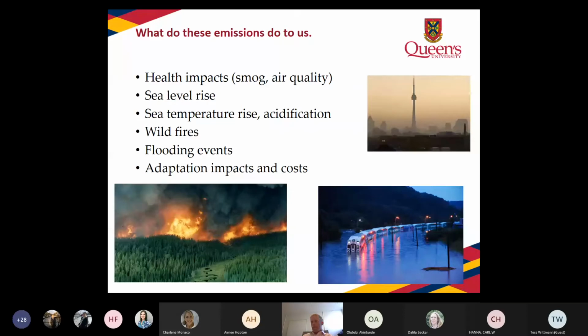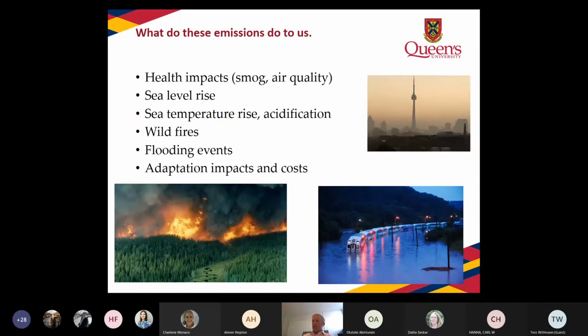And we're also going to have to adapt because as temperatures increase and climate becomes more variable, our infrastructure and our systems are going to have to be built more robust and be modified and changed to deal with broader ranges in temperature and weather scenarios.